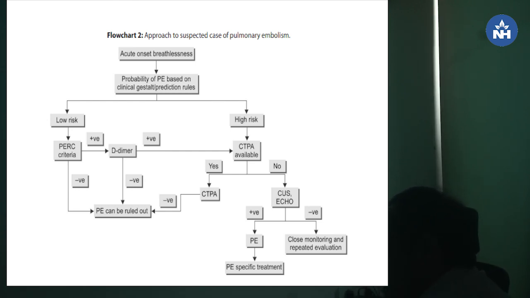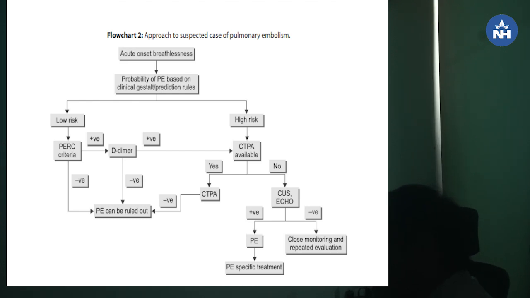If D-dimer is negative, then we can rule out the pulmonary embolism. If D-dimer is positive, then we have to go for CTPA, if it is available. In high risk patient, we have to take the patient for CTPA if there is no contraindication or if available. If CTPA is negative, we can rule out pulmonary embolism.